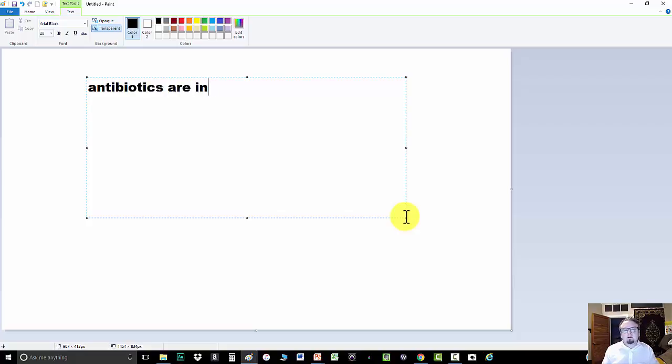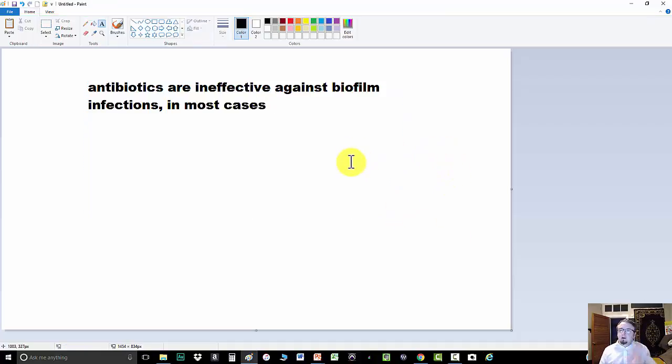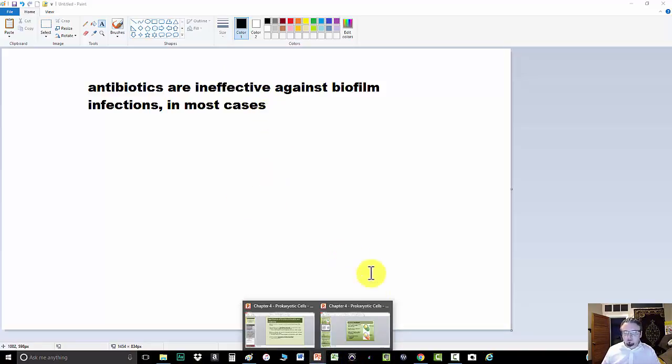Antibiotics are ineffective against biofilm infections in most cases. So when you get a biofilm, not only do you have a continual release of bacteria, and an ideal growing environment for certain bacteria, but you also have an infection that's not going to respond to antibiotics the way a normal infection would. So that all leads to a serious issue.